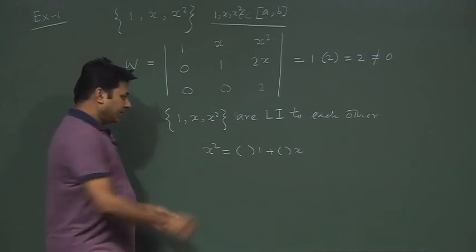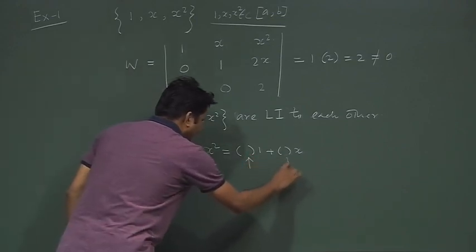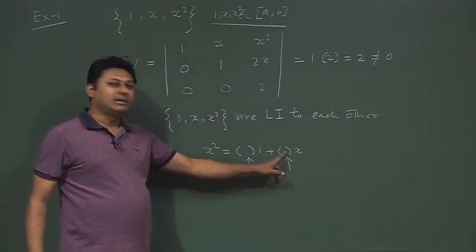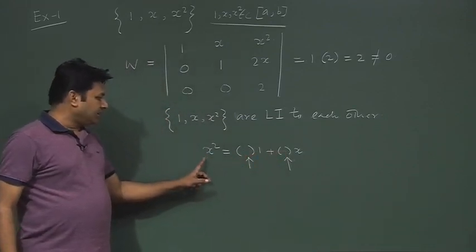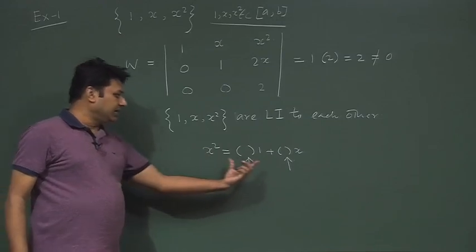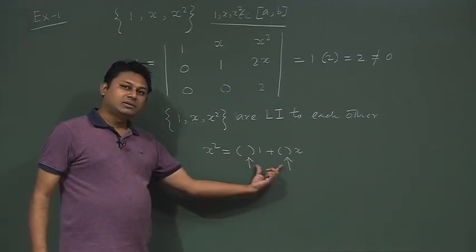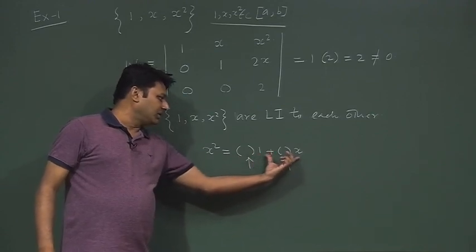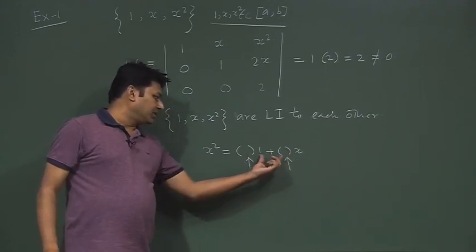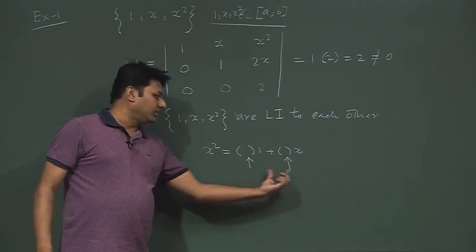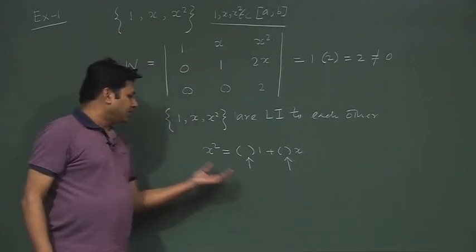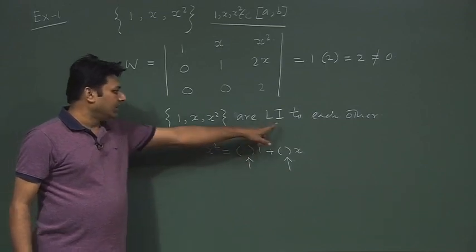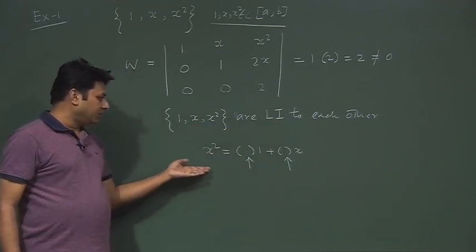If I could write this with non-zero coefficients, then obviously this function would be linearly related to the other functions. There would be a linear combination, and the entire set would be linearly dependent.